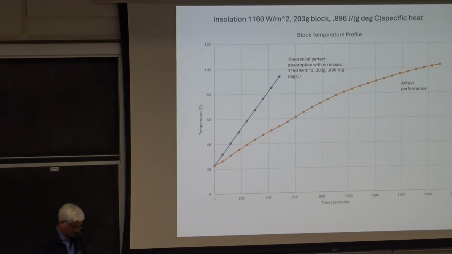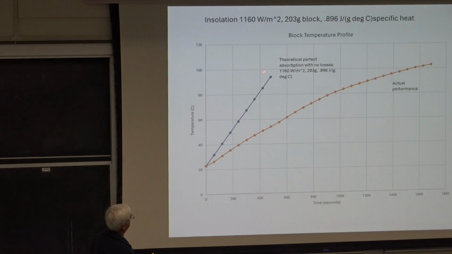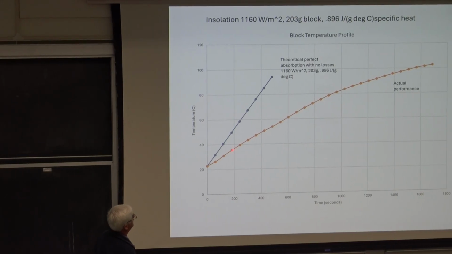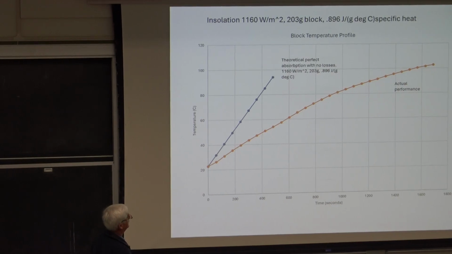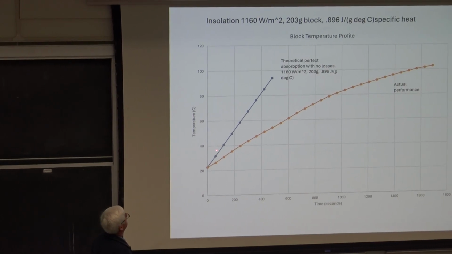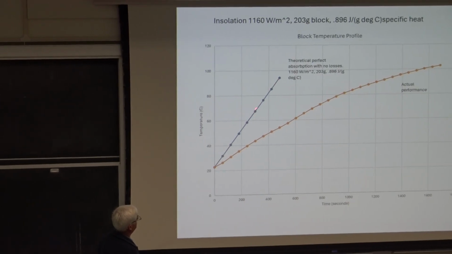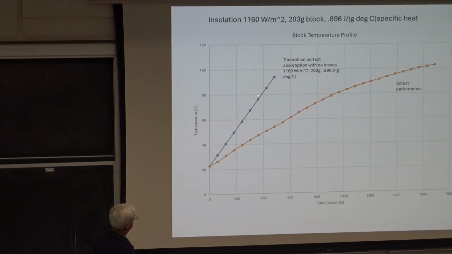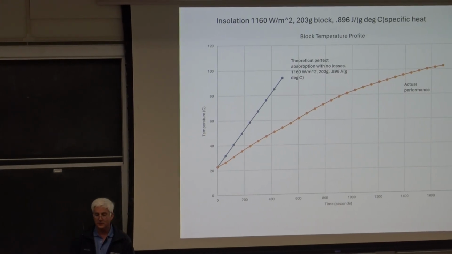You graph it out, it looks like this. Going right up. Here's your actual data. I'm hoping that I see something like this in your reports. So what you should get out of this is the theoretical is much, much higher. So we did not have a super efficient collector.